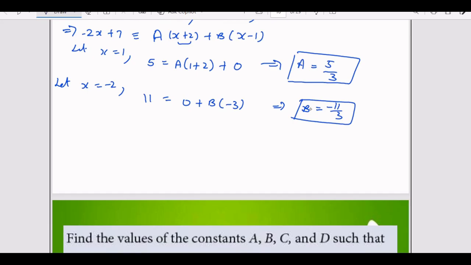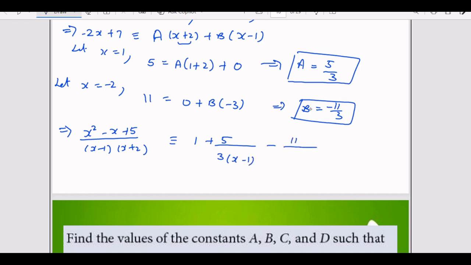So this is going to give me the value: (x squared - x + 5) over (x - 1)(x + 2) equals 1 plus 5 over 3 into (x - 1) minus 11 over 3 into (x + 2). So this will be our final answer, right?